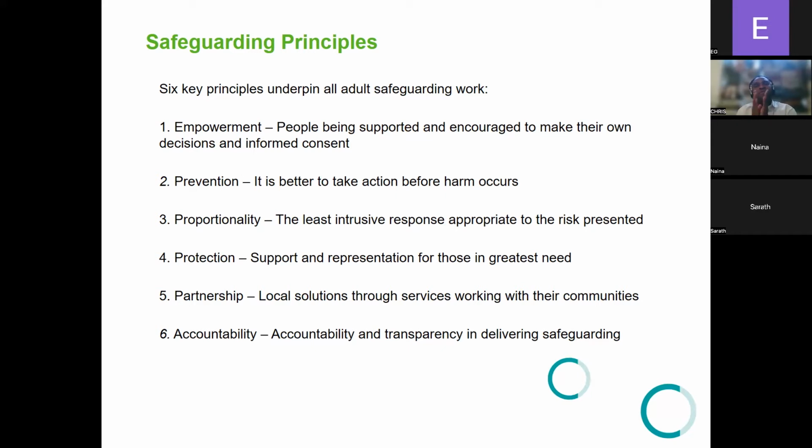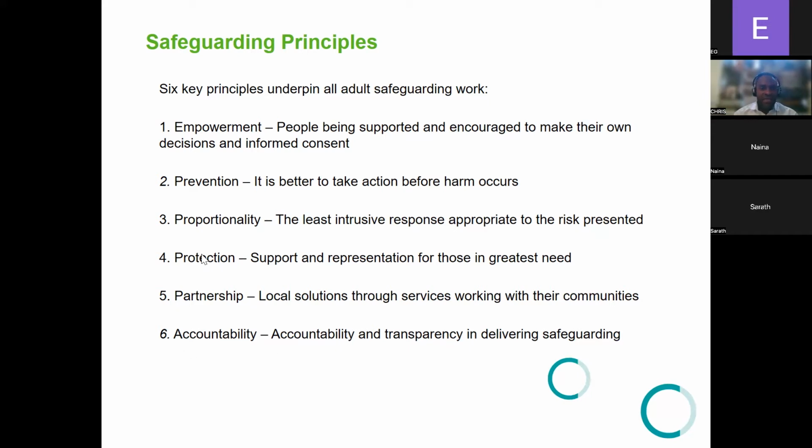We have to take preventative measures. If there is a loose electric wire in the way, they can trip on it and fall. We have to make sure we remove the wire. So it's better to take action before harm occurs. That's prevention. So these are some of the 6 principles that underpin, that form the basis or foundation for safeguarding.